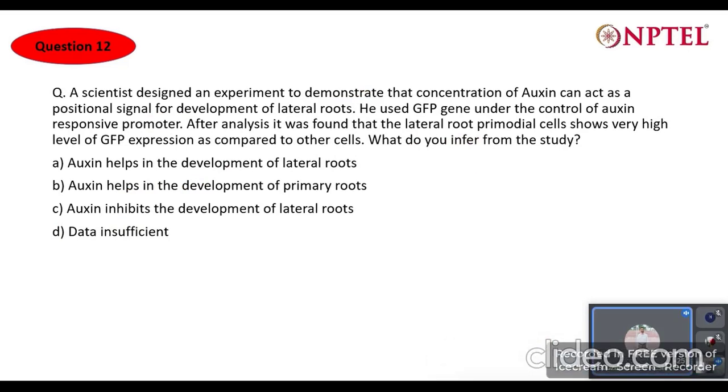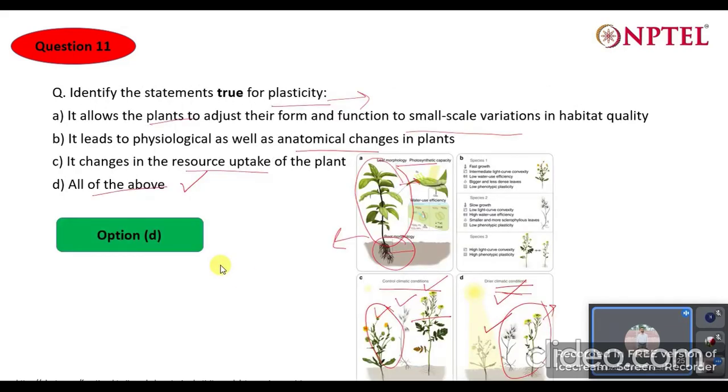But here in the options, for example, the first option is that it allows the plant to adjust its form and function to small scale variations in habitat quality. I think this should be the most appropriate because the rest of the options involve physiological changes, anatomical changes, and in the third option the changes in the resource uptake of the plant, which again will help the plant to adjust anatomically.